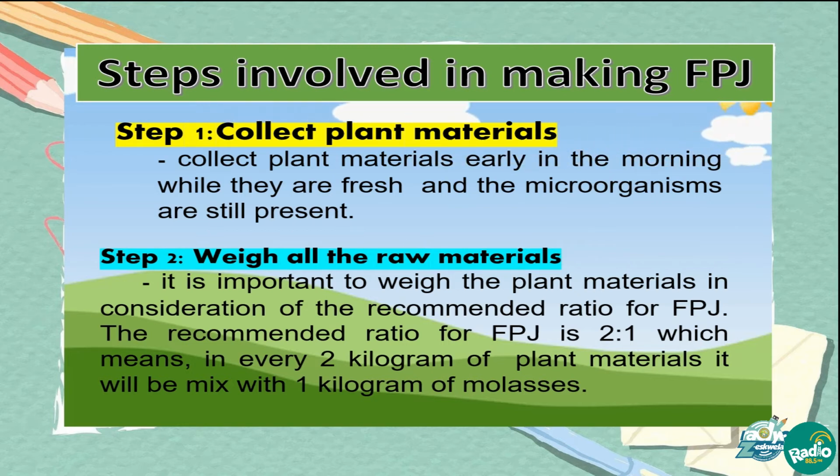For today's activity, we have prepared 250 grams of kamote tops, 250 grams of kangkong, and 500 grams of banana stalk. A total of 1,000 grams or 1 kilogram of plant materials. So, we need 500 grams or half a kilo of molasses to complete the mixture.